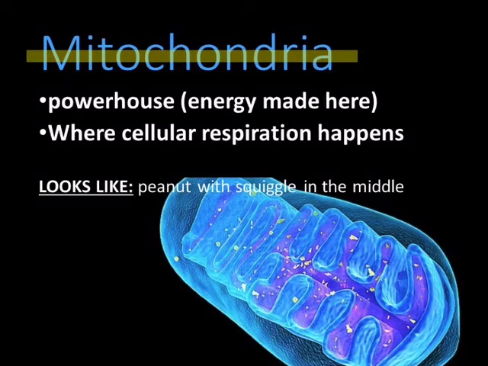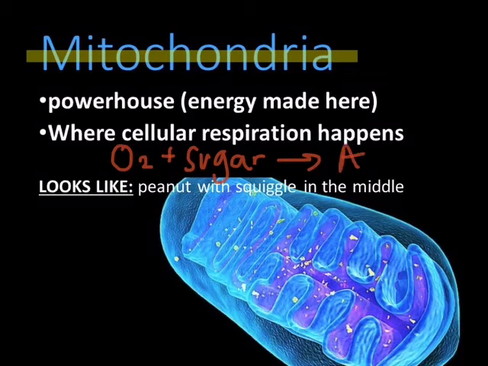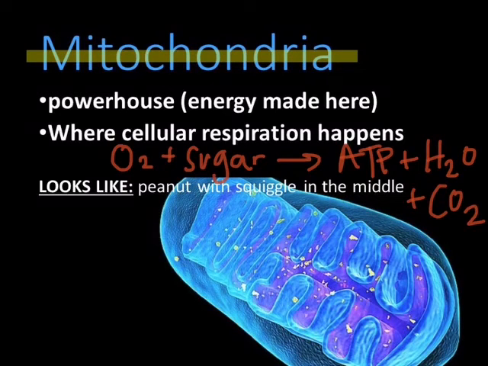And what it's doing is it's actually taking the oxygen that you breathed and the sugar that you ate, and it's turning that into energy, which is a molecule called ATP, water, and carbon dioxide, which you breathe out. So you can actually say that your energy comes directly from your food and that you actually are breathing out some of what you ate.